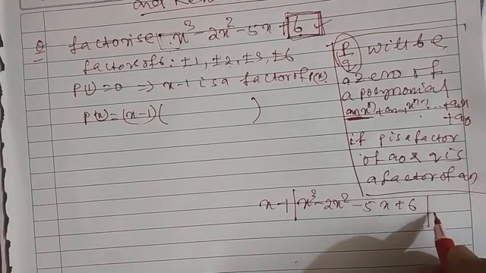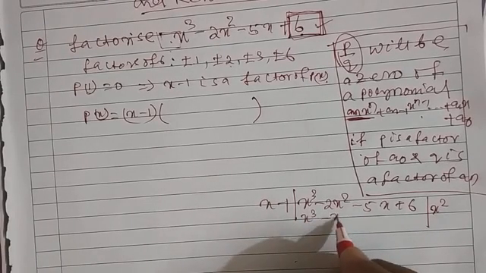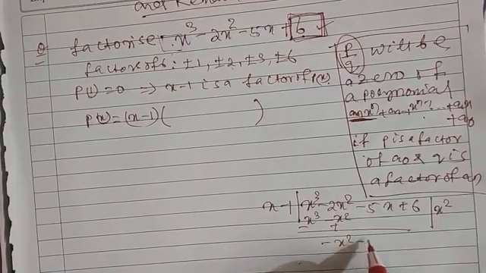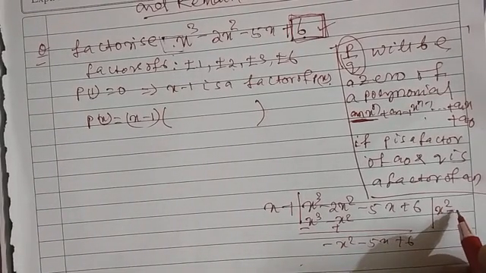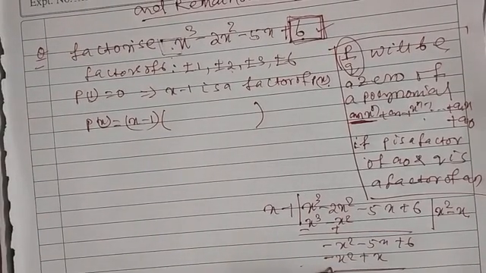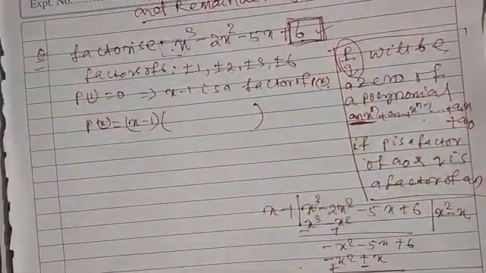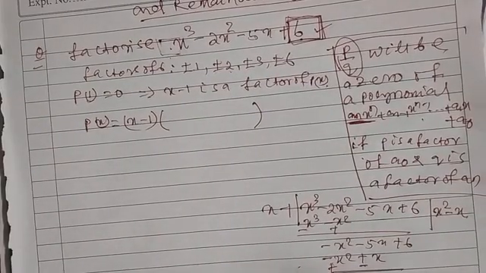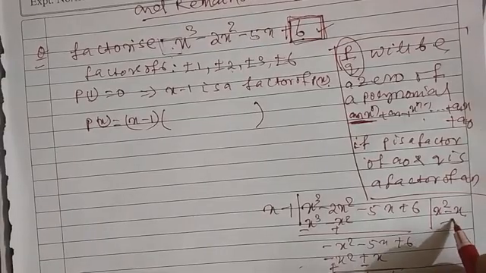What am I getting? x square. So x cube minus x square, minus plus. So it is minus x square minus 5x plus 6. So now it is minus x square plus x, plus minus. Now it is minus 6x plus 6.